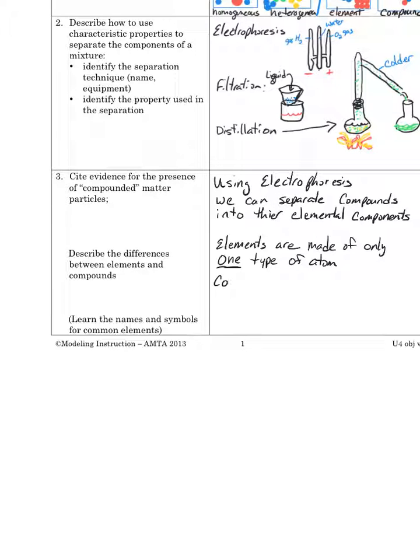Compounds are made of two or more different types of atoms.